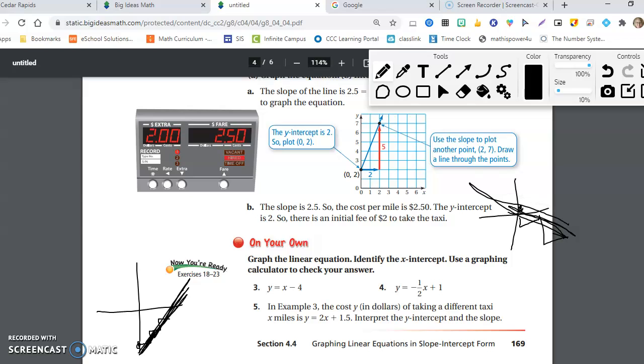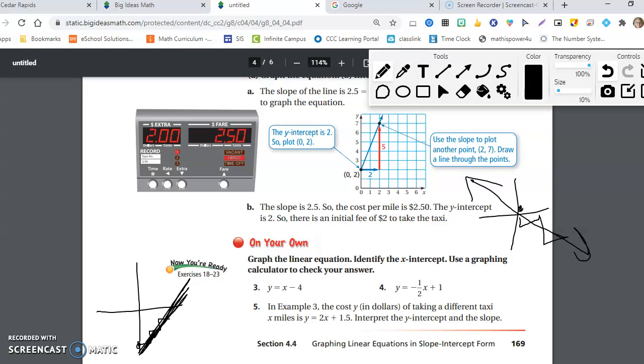It should be in a downward motion, kind of like that. If it's at 1, you're going to go down 1 over 2. So I believe your x-intercept is going to be at 2. I could be wrong, but I think that's right. If I'm wrong, then come tell me.